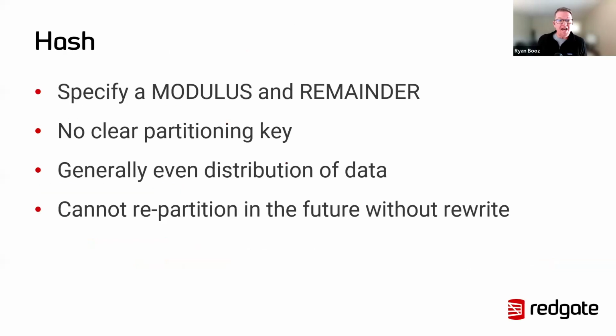And then finally, hash. So hash simply says, hey, we're going to take the value or values, the columns you give us, we're going to hash them. And then you specify essentially how many partitions you want in the end. And Postgres will do its work. And really, any type can be used in a hash partition.